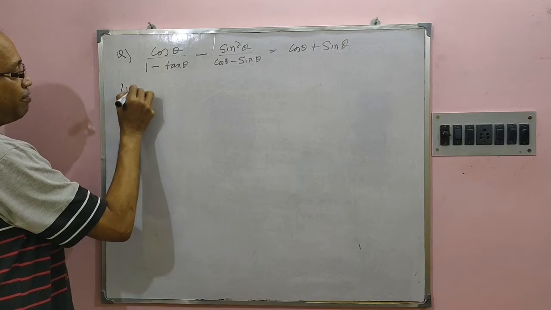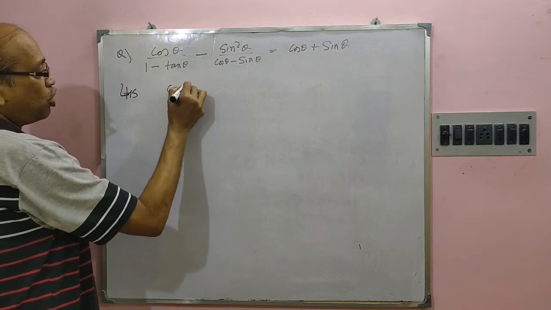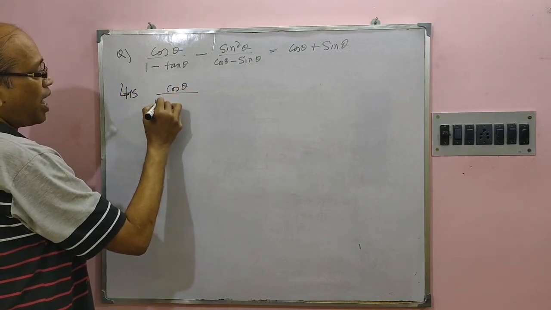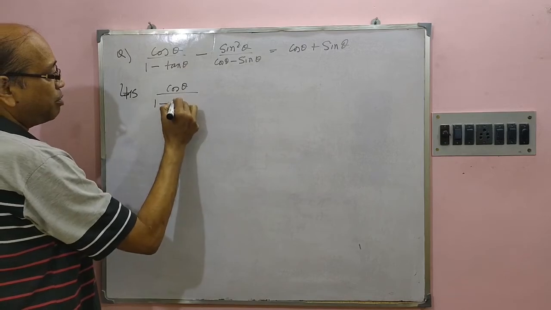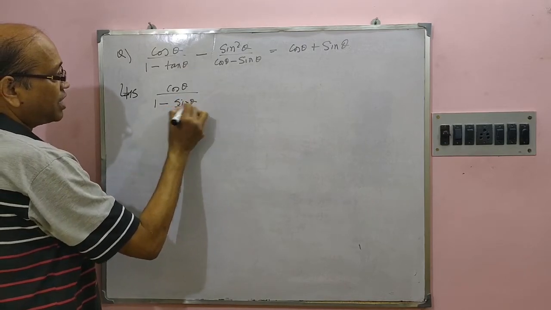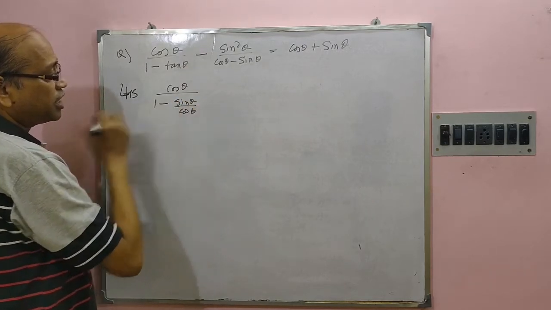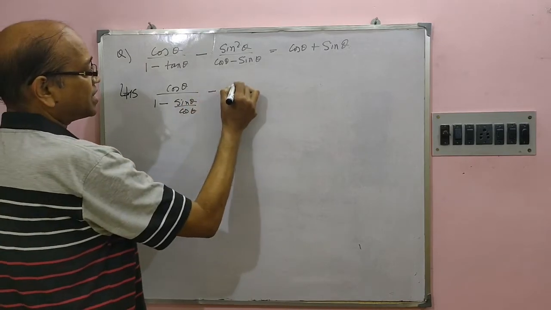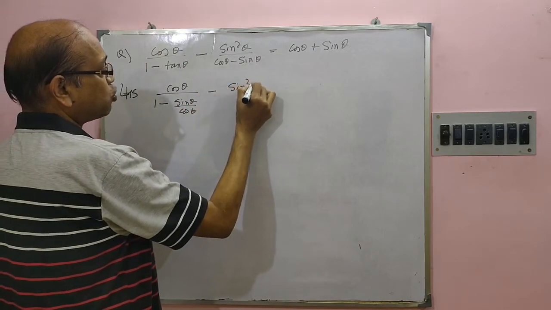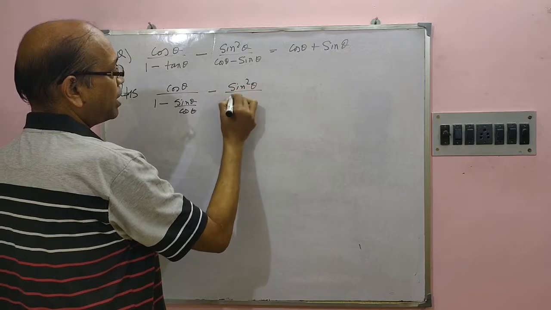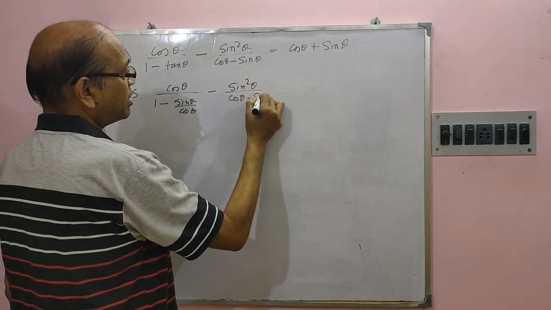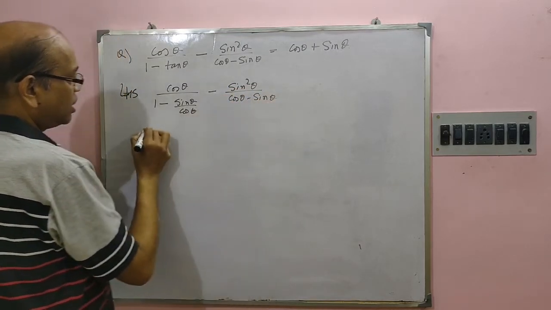So your left hand side becomes cos theta by 1 minus tan theta can be written as sin theta by cos theta minus sin square theta by cos theta minus sin theta.